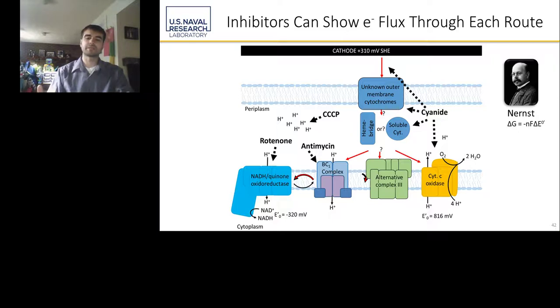This equation lets us look at the potential of the electron transfer reaction from the cathode to the cell itself, and the electron transfer from the terminal oxidase to oxygen, which is around 816 millivolts versus standard hydrogen, and also from the cathode to NADH, which is around minus 320.